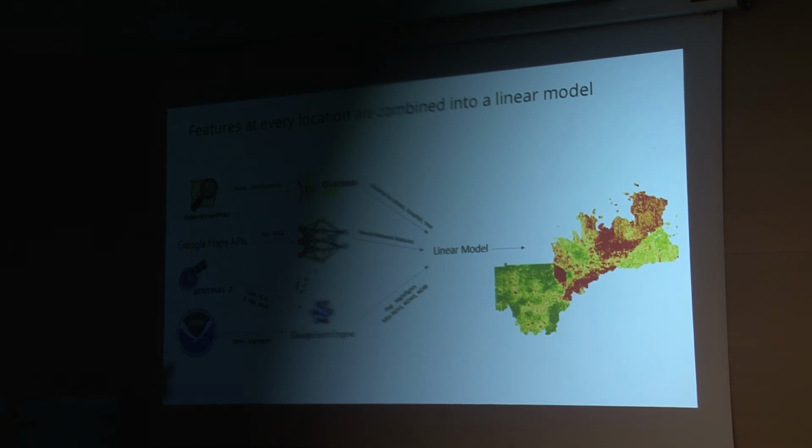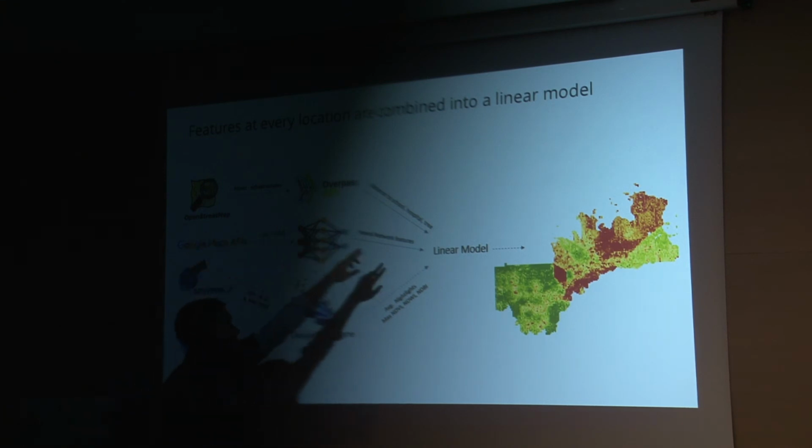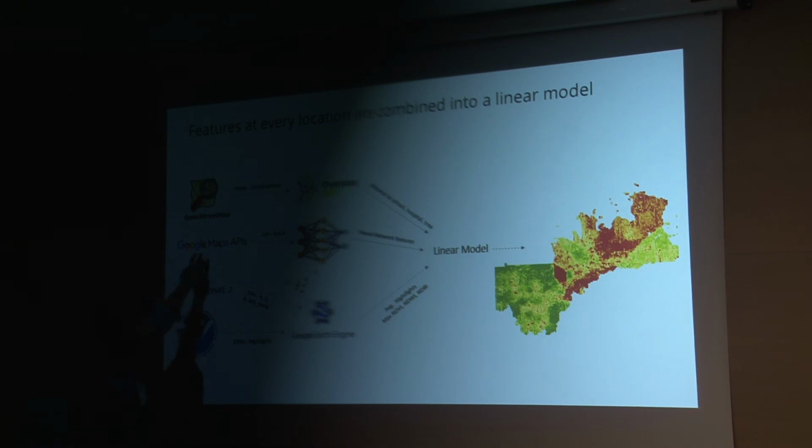So to recap a bit, from OpenStreetMap, we look at the infrastructures, schools, hospitals, and we compute the distance to these infrastructures. From Google Maps API, we use very high resolution images, so 1 meter pixel resolution. It's a three-band picture, RGB.